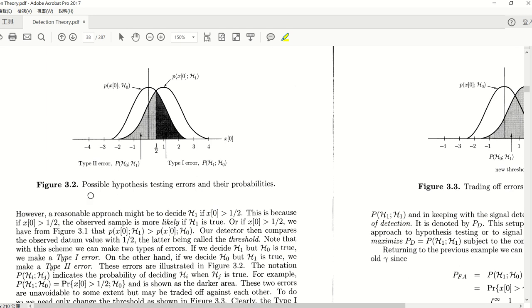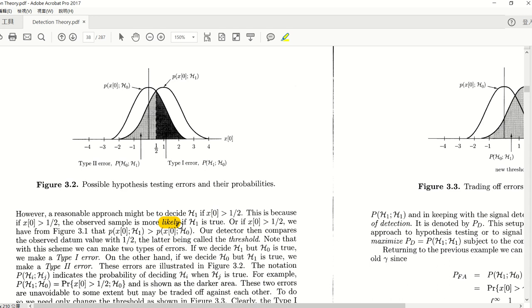Let's not look at this first. Let's read it and then I'll explain what happens here. A reasonable approach is to decide, if x0 is larger than 1/2, then you decide H1. This is because if x is larger than 1/2, the observed sample is more likely, right? Here we are going to step by step build up the concept.